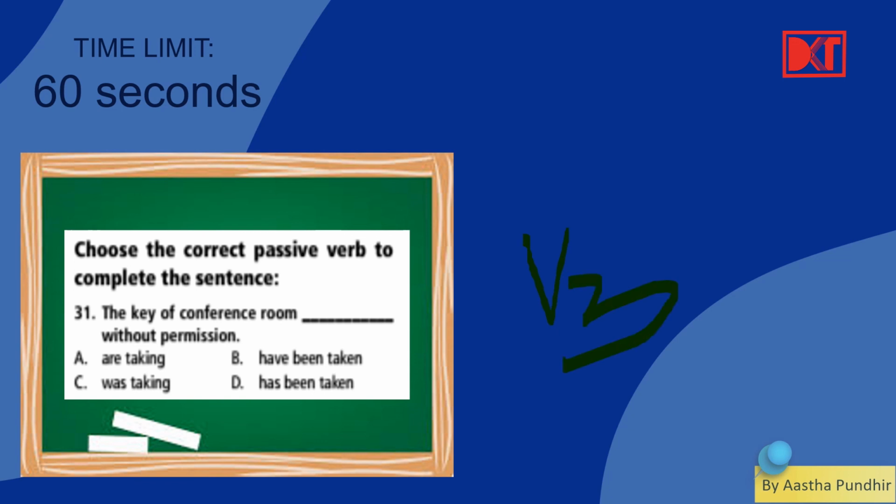Here the V3 form is in B and in D. And also, we are talking about the key of the conference room. So this is the third person singular subject. So for that we use D. Has been, not have been. Alright. So pretty easy to solve. The key of the conference room has been taken without permission.